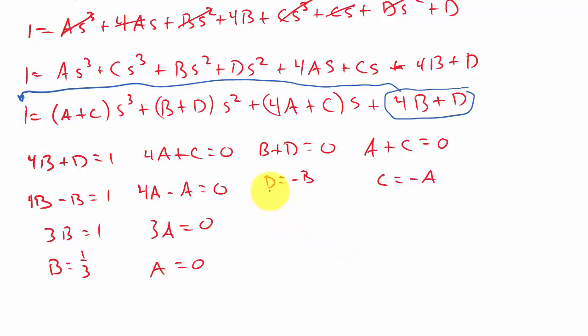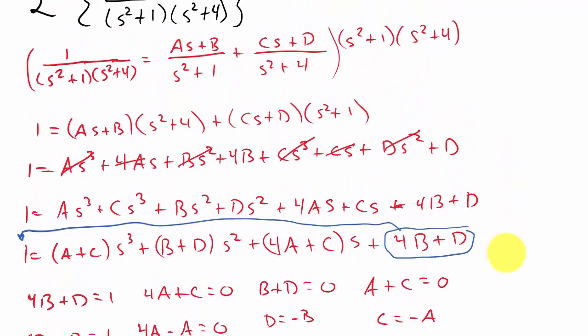Alright, and then D is equal to negative B. So D is equal to, well, B is 1/3, so that's going to be negative 1/3. And C is equal to negative A. Well, A is 0, so C is 0. Alright, so now I have B and I have D. Well, A and C is just 0.